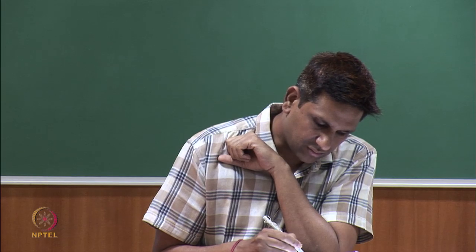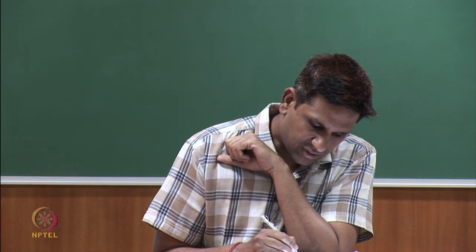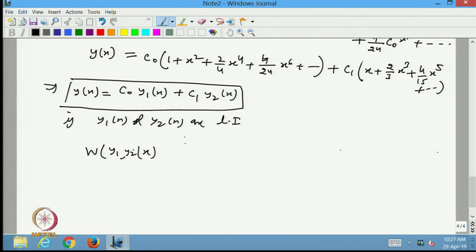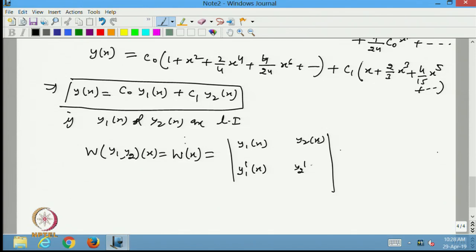The Wronskian corresponding to y1x and y2x can be written as W x, the determinant with y1 x, y2 x, and y1 dash x, y2 dash x.